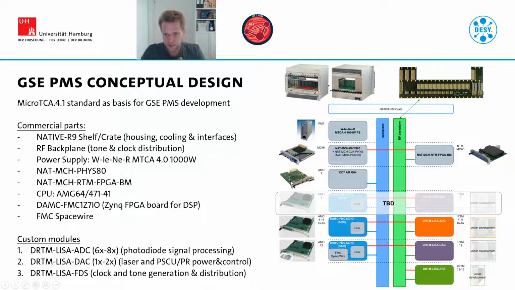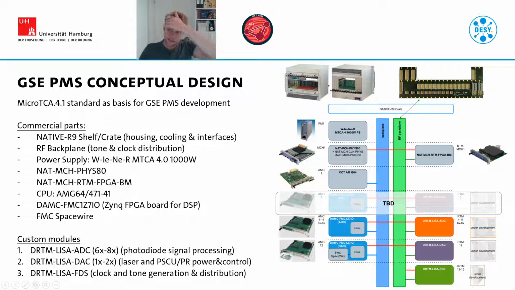The conceptual design of this is based on the so-called MicroTCA.4.1 standard. The standard basically consists of a crate system that you see up here. These crate systems provide power and interfaces, and they basically take in modules either from the front or from the rear side. This here is the rear side. The front side is shown in this diagram on the left in the sketch, and the rear side is shown on the right.